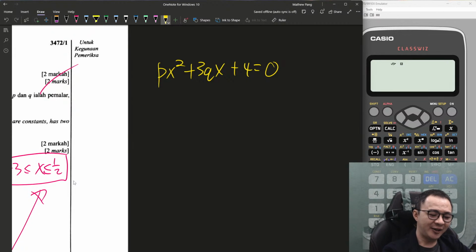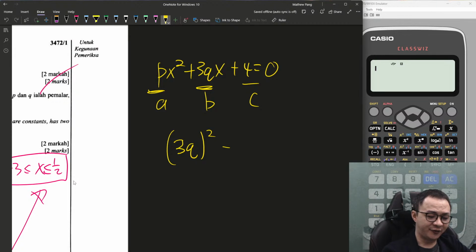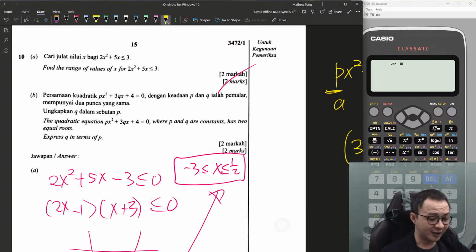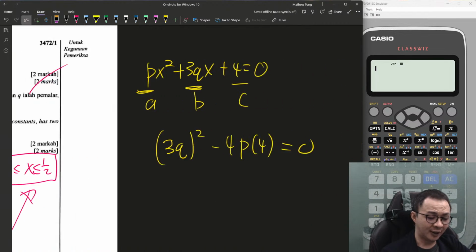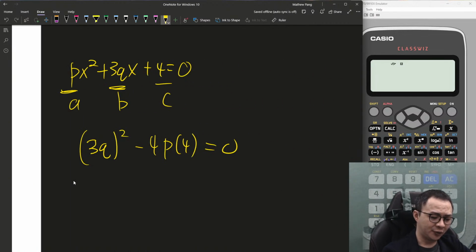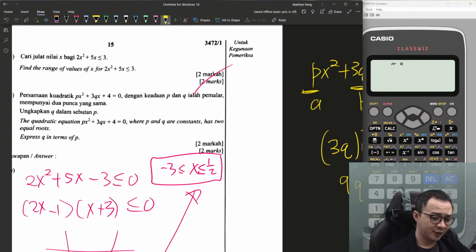My b is 3q. This is a, this is b, this is c, just in case some students don't know. b squared minus 4ac equals 0, 2 equal roots, they say. So 9q squared minus 16p equals 0. Q in terms of p.